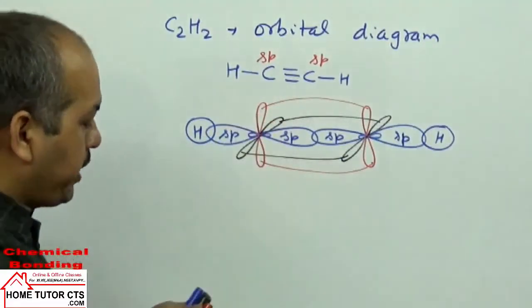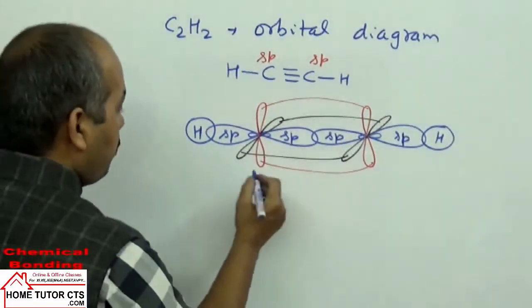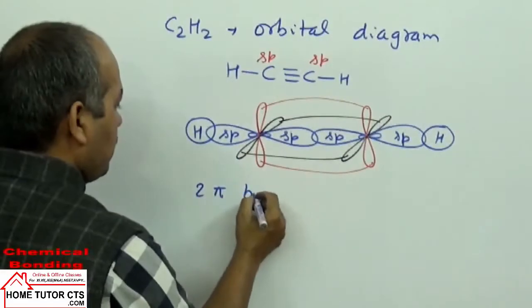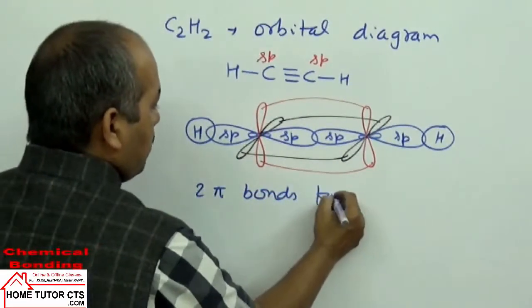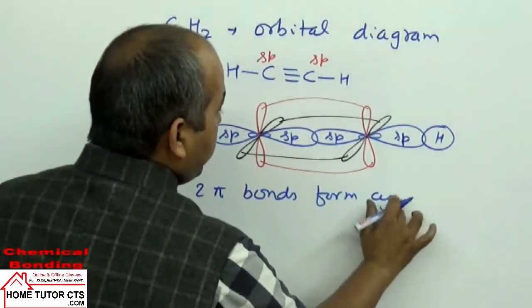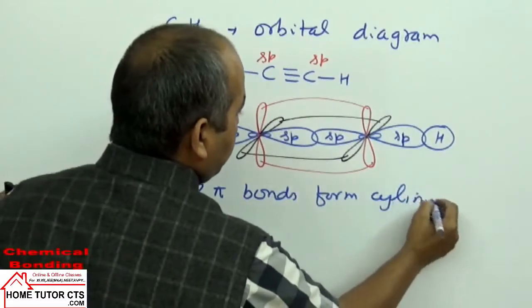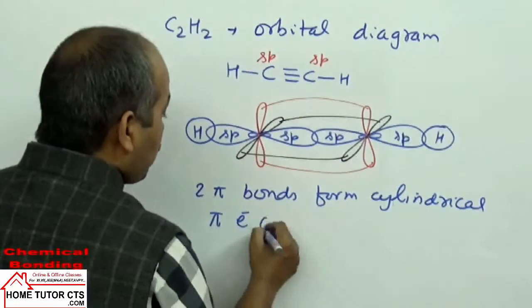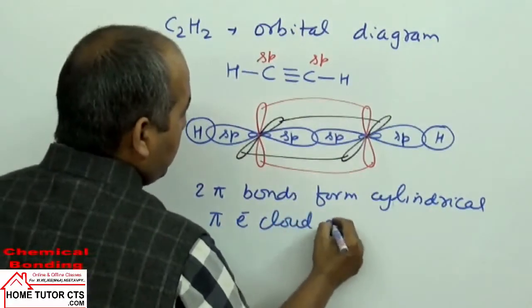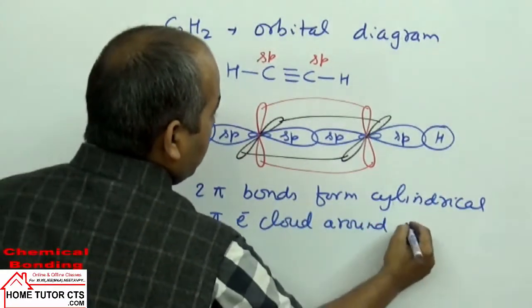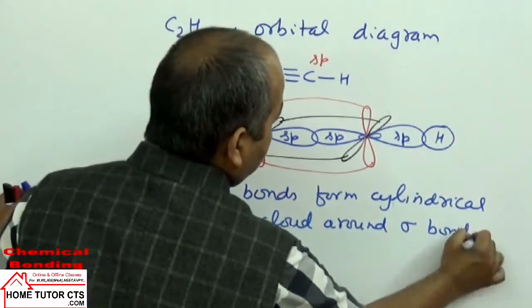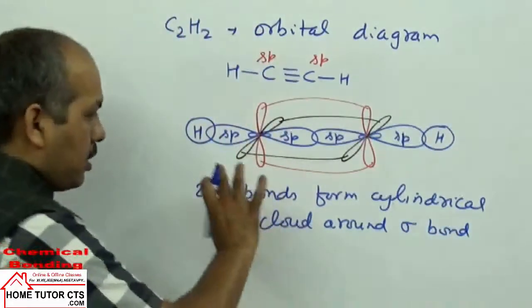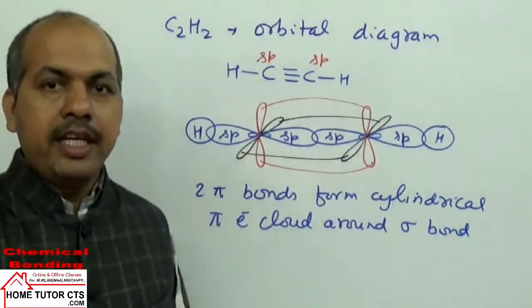The two pi bonds form a cylindrical pi electron cloud around the sigma bond, and it makes them a bit less reactive in reactions.